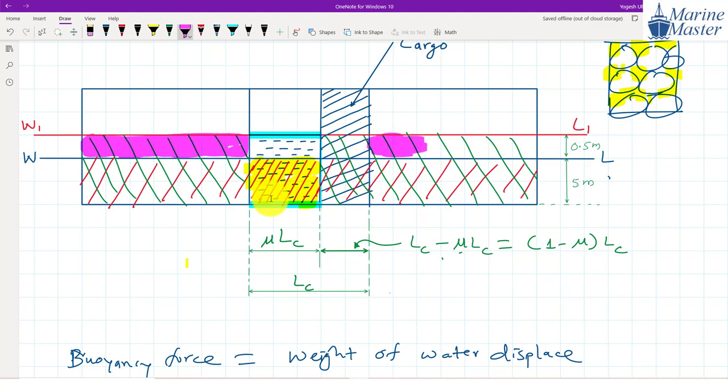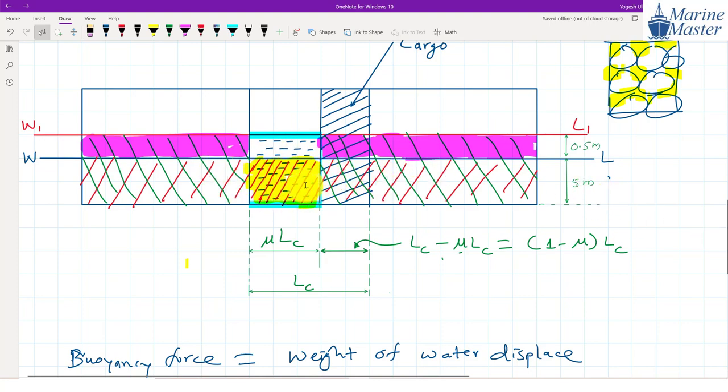This portion that currently I am showing, what will this become? Whatever the loss in buoyancy that is going to happen, the same will be the gain in buoyancy in this pink portion. Then and only will the vessel have the same displacement. That is our assumption here.